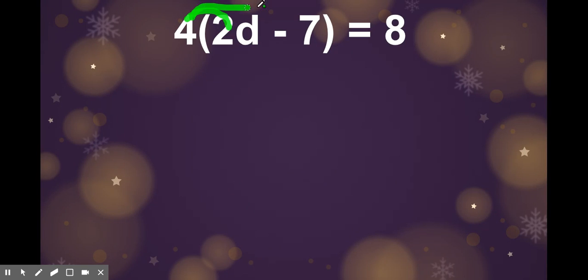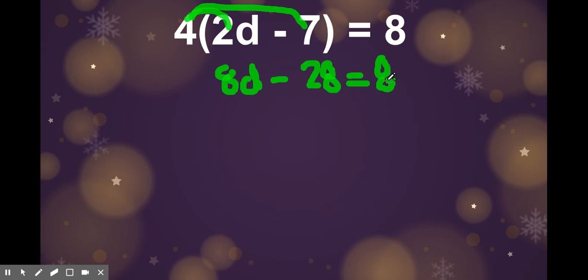So that's what I'm going to do. I'm going to distribute this 4 to both terms. 4 times 2d gives me 8d. Minus 4 times 7 gives me 28, which is equal to 8. Well, now I have the freedom to go ahead and start solving. So in order to get rid of this negative 28, I'm going to have to add 28.